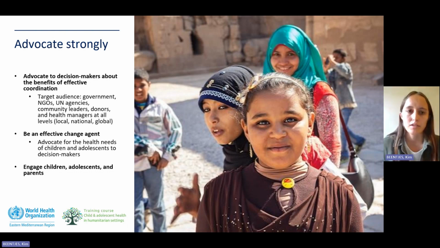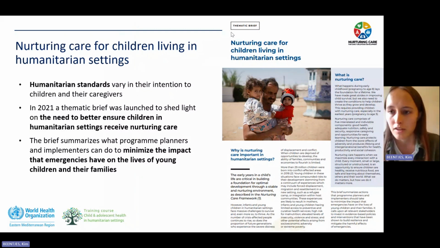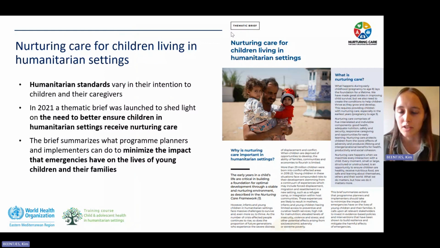Then I have a slide on nurturing care for children living in humanitarian settings. Humanitarian standards vary in their attention to children and their caregivers. And often the priority is on child survival and not on the quality of life of the children.